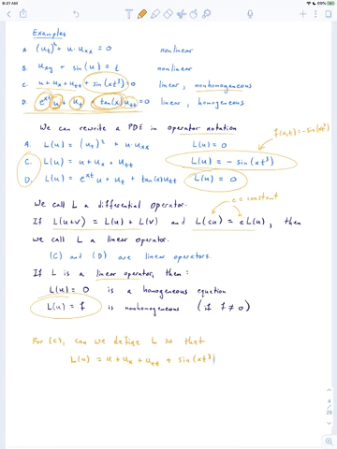Now, you can certainly define it like this. However, there is a problem with it. It is true that now we have L of u is equal to 0, but the problem is that this L is no longer linear.